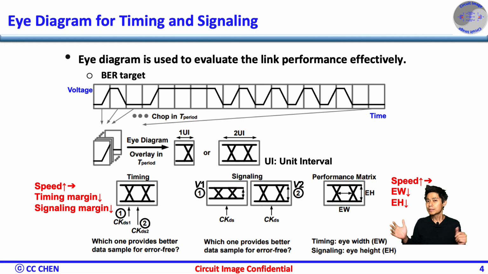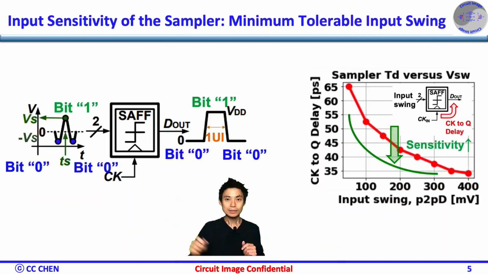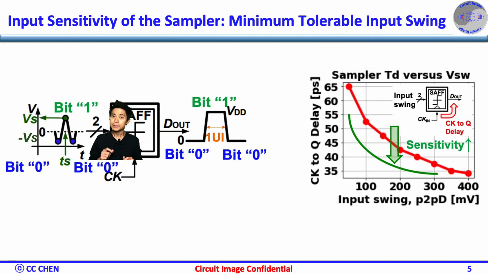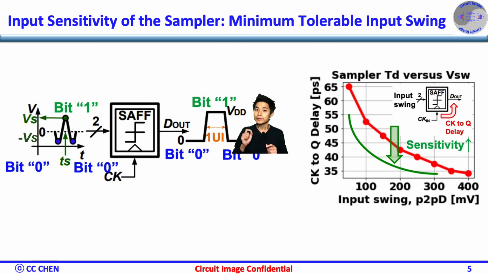What does sensitivity mean? Think about the tolerable input swing for 5 seconds. Bingo! The input sensitivity means the input differential swing of plus Vs and minus Vs peak will be resolved or converted to VDD and ground respectively.